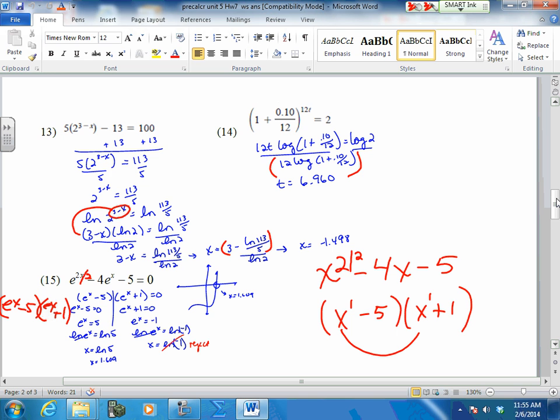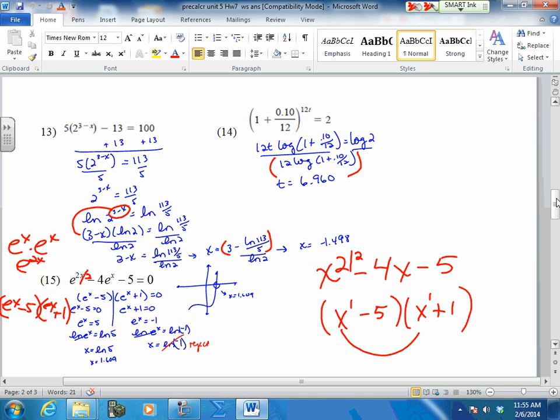Because when I added these, I split them in half equally, right? So split this guy in half equally. So it's e to the x, e to the x. When I multiply e to the x, I keep my base and I add my exponents. 1x plus 1x, 2x. So all we're doing is basically solving 2 separate factors for this.